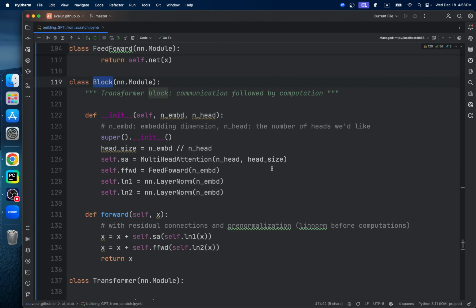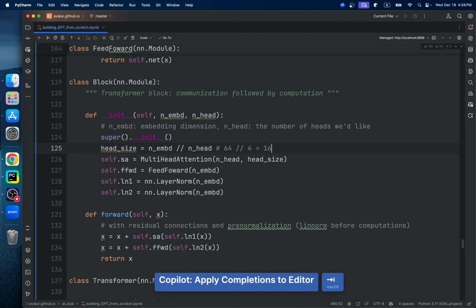And this is the self-attention layer, so the whole multi-head attention with 4 heads and 16 as head size. You see, head size is 64 divided over 4, so each head will have this size. 64 divided over 4 is 16.